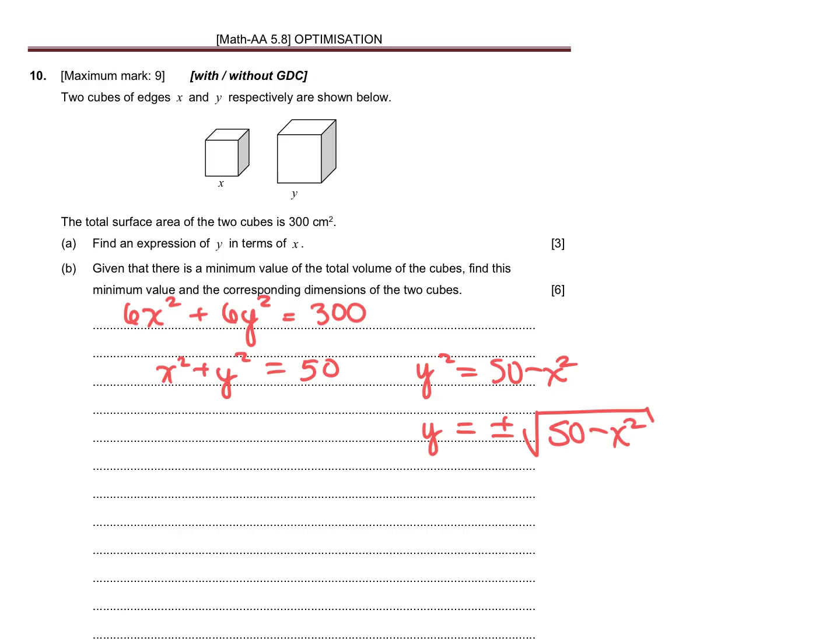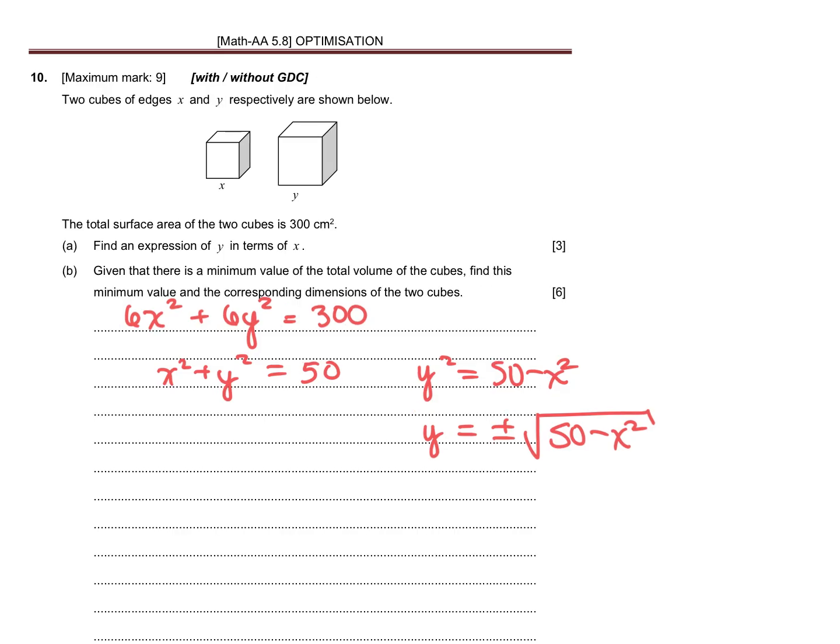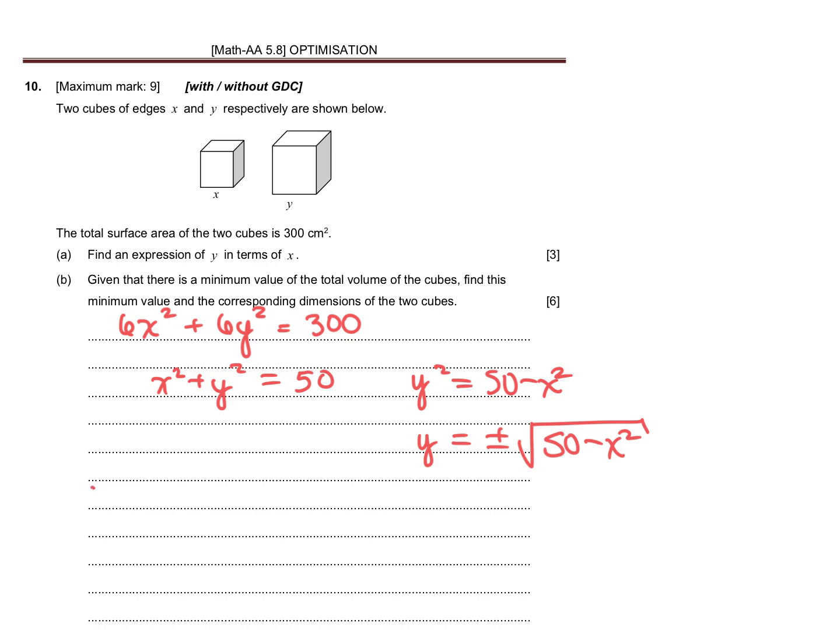Okay, so the volume is going to be x cubed plus y cubed. First we need to substitute this side length in.